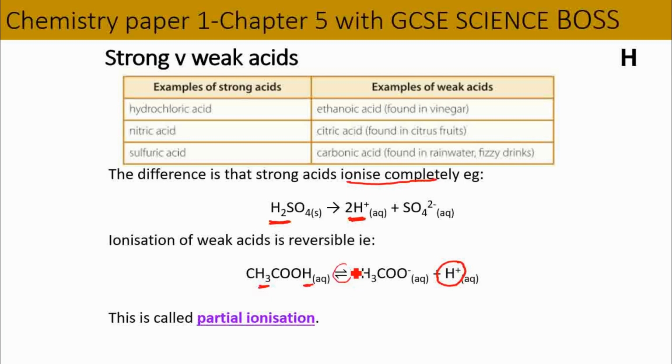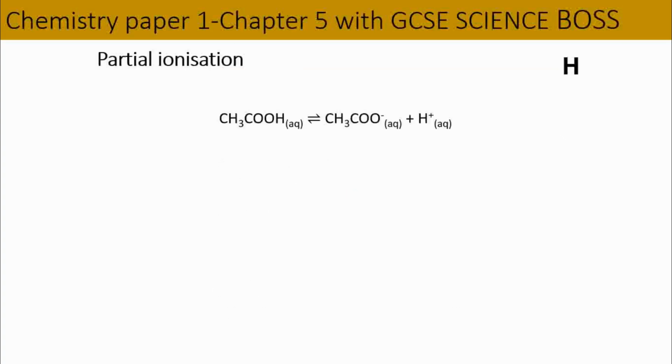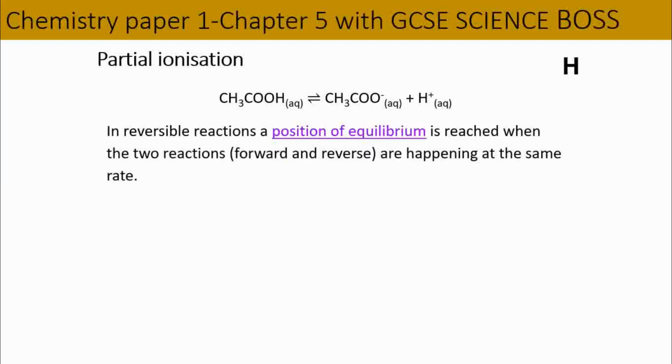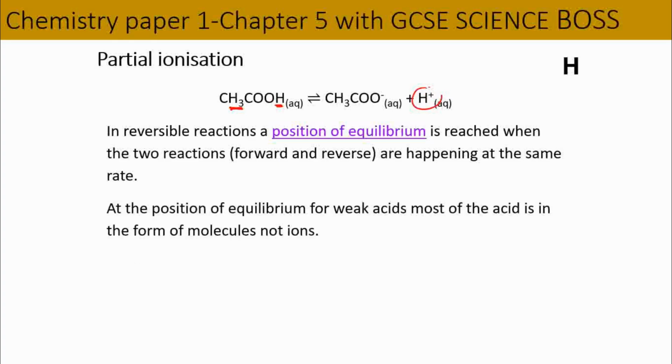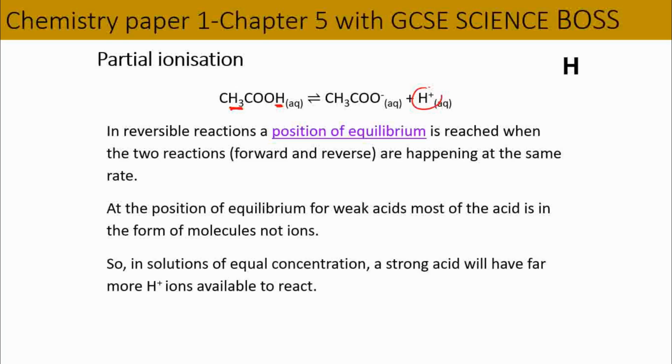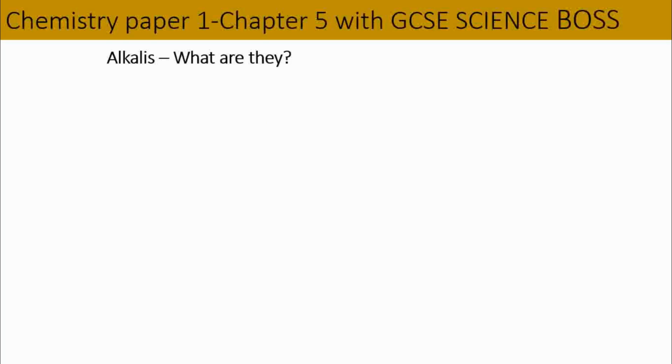And as you can see here, this means that the reaction is reversible. Okay, good. So here is the partial ionization, which we were talking about before. It only partially ionizes. So you can see 4 on that side, but it's only produced 1. All right. We will look later at the position of the equilibrium in a later lesson. Okay, but this is exactly what you need to know in terms of partial ionization.